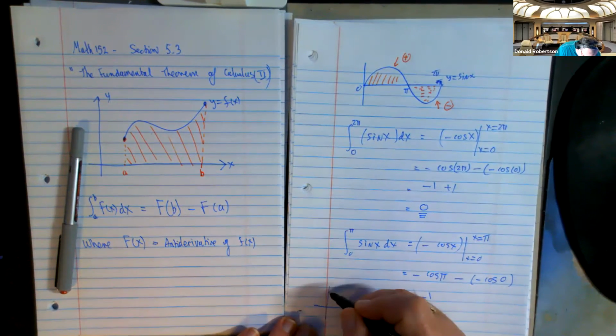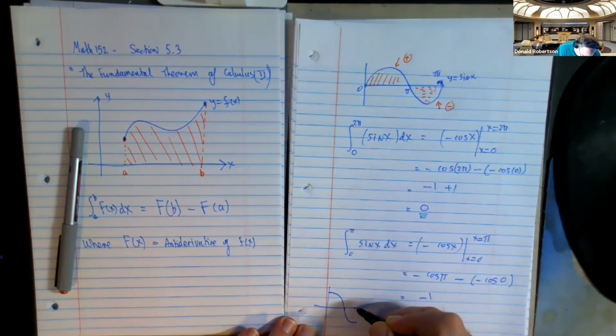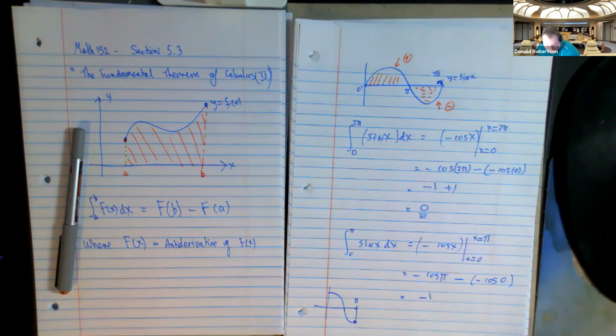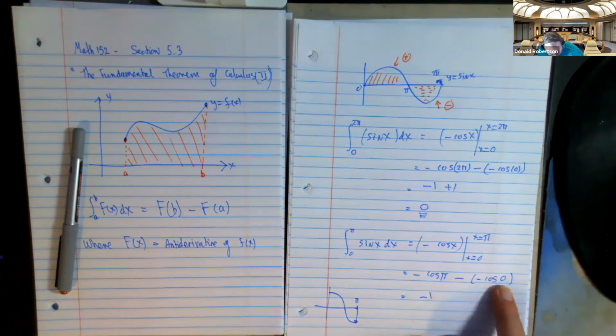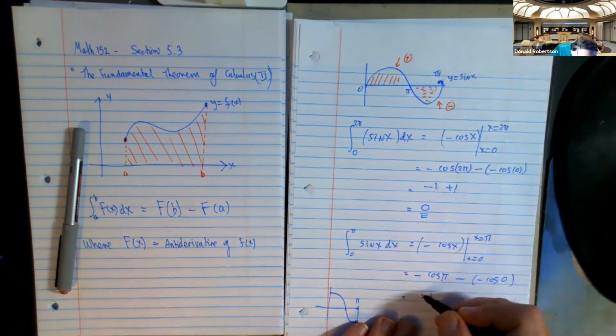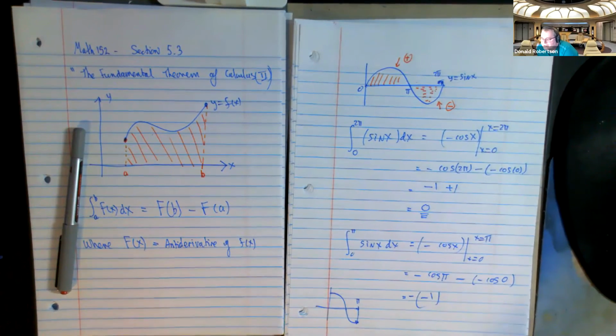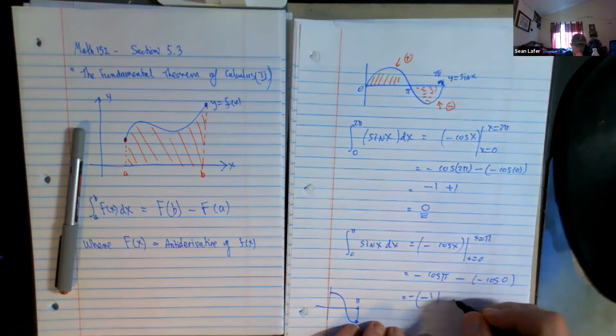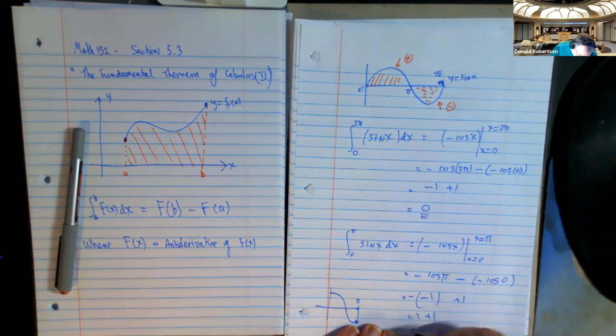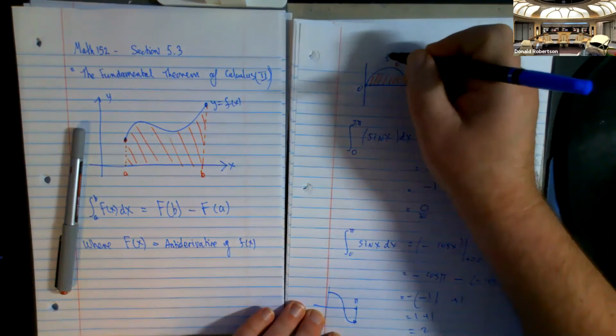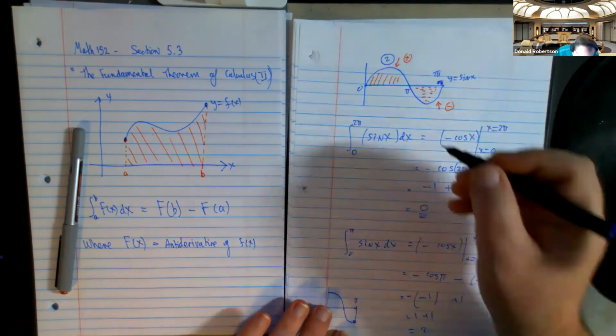If you look at the cosine function, it's negative 1, isn't it? And what's the cosine of 0? 1. Take away negative 1 is add 1. 1 add 1 is 2. That guy up there has an area of 2.